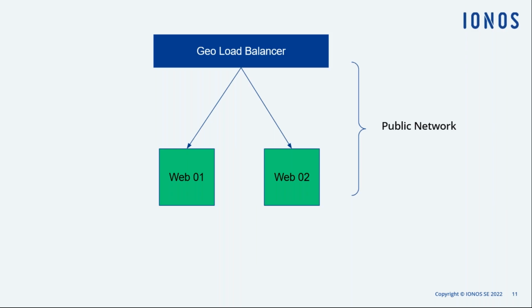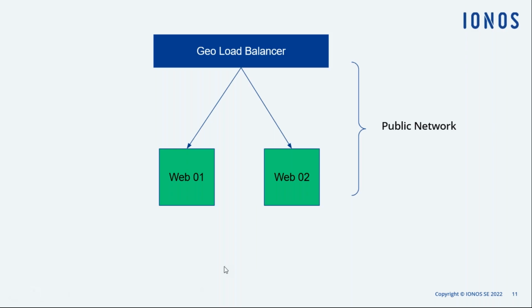The geo load balancer is usually created to provide geo redundancy. So if one infrastructure is down, all the traffic can be reverted to a different infrastructure. And the main reason it should be used as an emergency system, not as a production system, is the fact that both web servers and geo load balancer are constantly working through the public network.